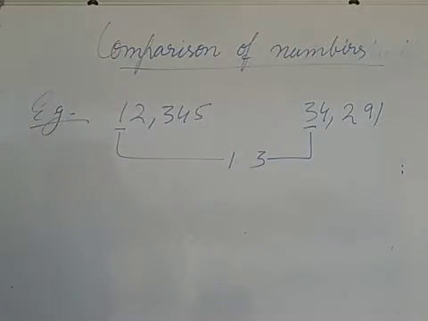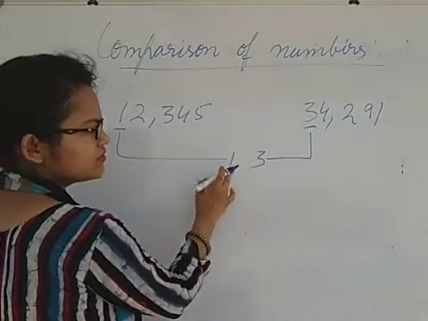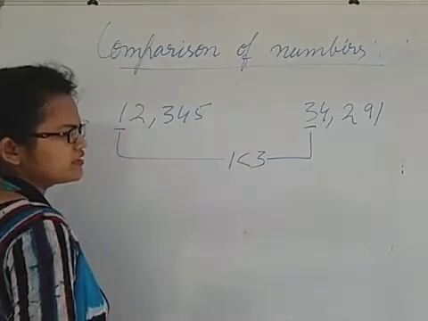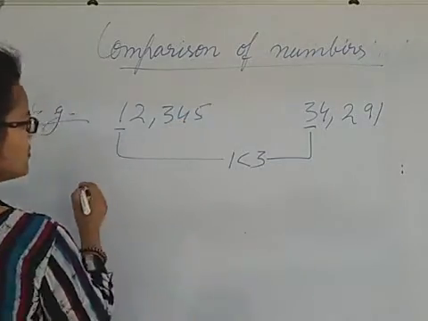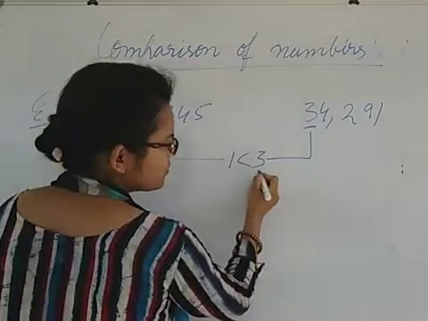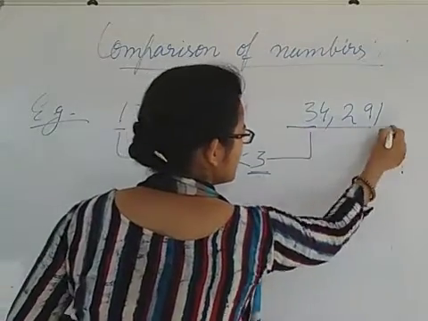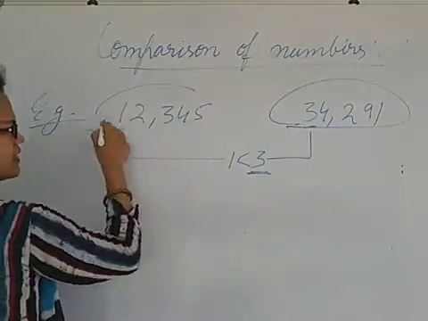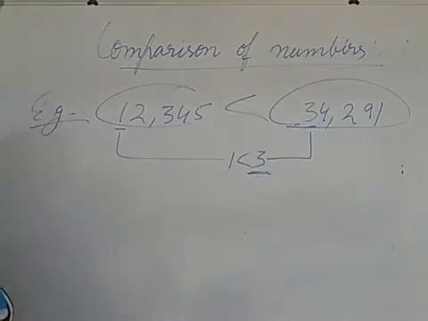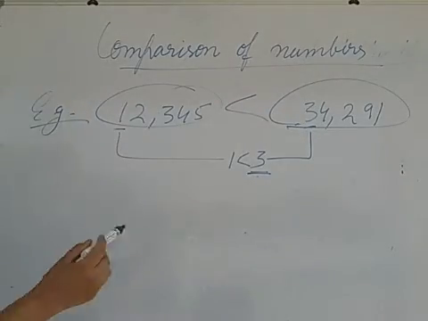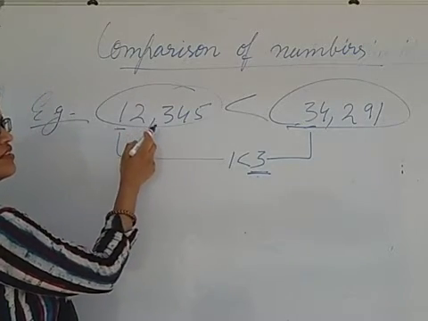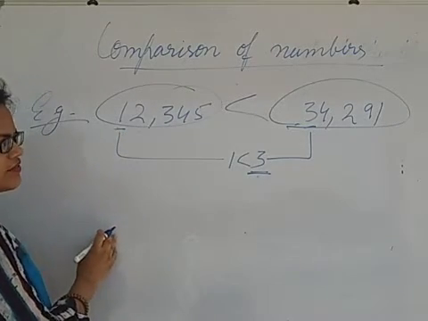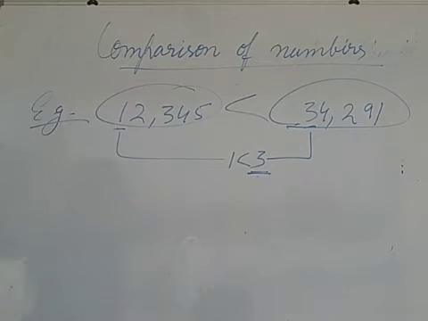Which one is greater? 3 is the greater one. So we can conclude that because 3 is greater, this number is greater than this number. Means 34,291 is greater than 12,345.